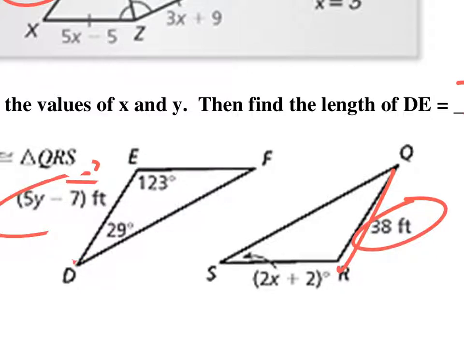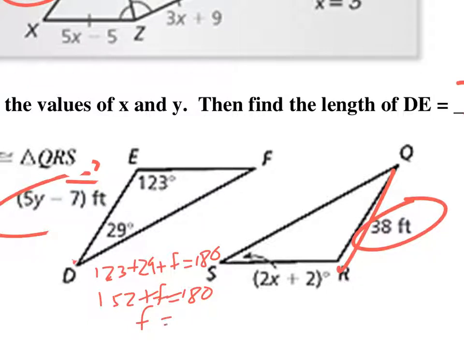We know these all add up to 180, so we have 123 plus 29 plus, we'll call it F, equals 180, and so this is 152. Subtract 152, and that F, which we'll call the size of this angle, would be 28. So this guy's got to be 28 degrees.